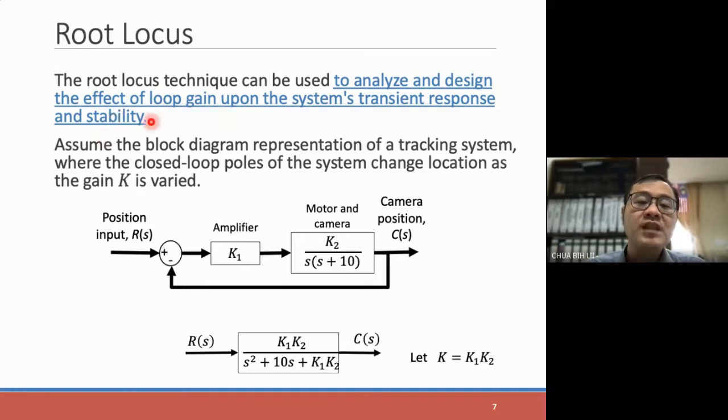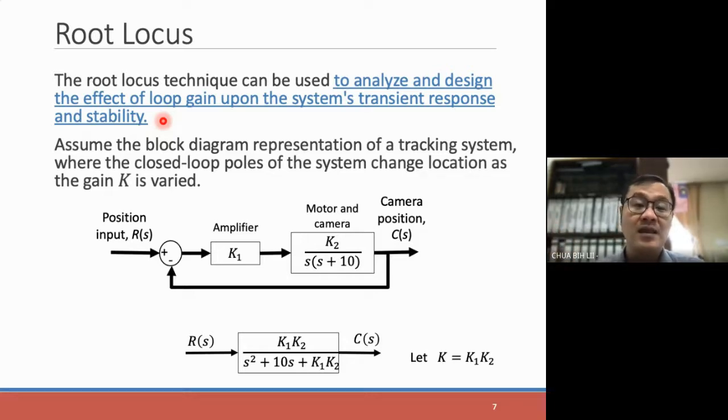As we recall previously, when we talk about stability, if the pole is lying on the right half plane, the positive value of the real axis, therefore it is not stable. So this is how we can see the locations of the roots slowly shifting to the right half plane, and it will turn unstable when we continue to change the value of K, right?